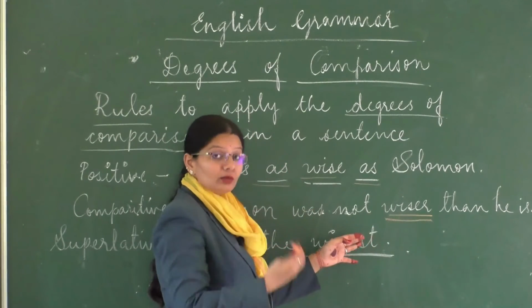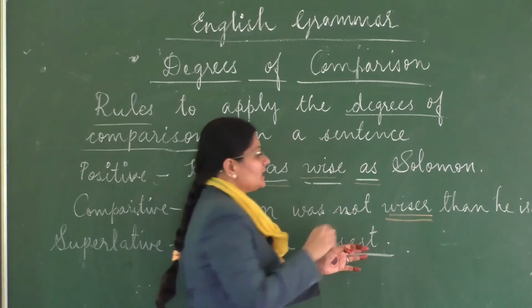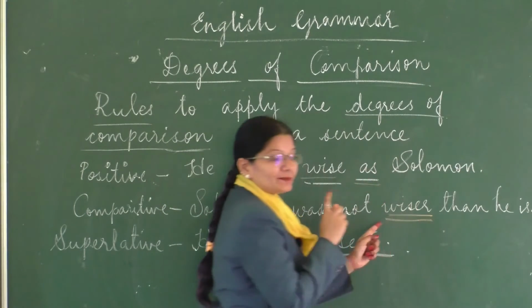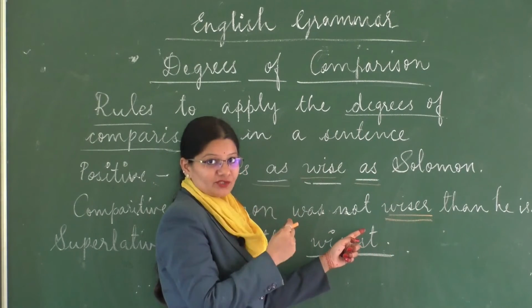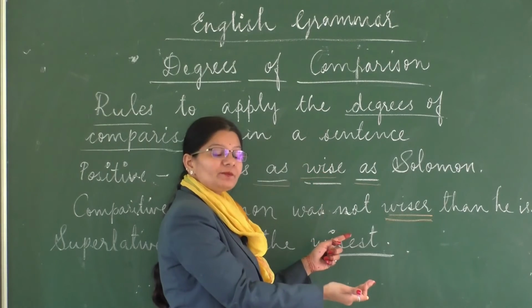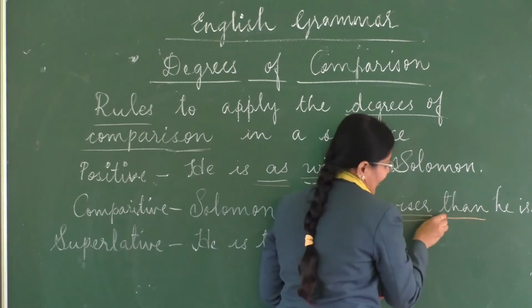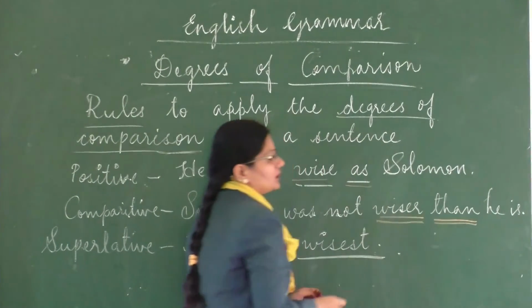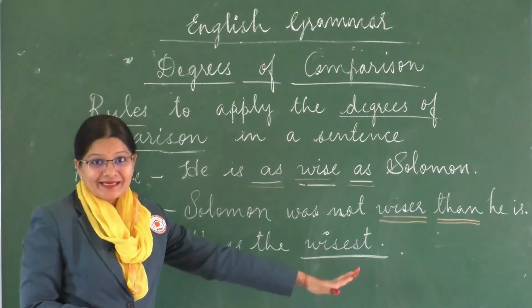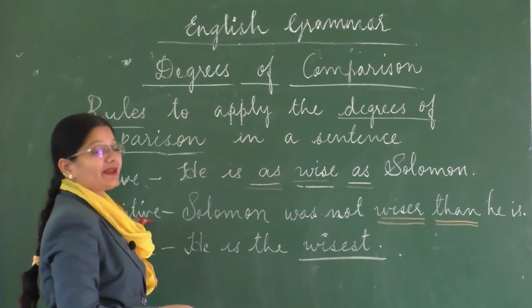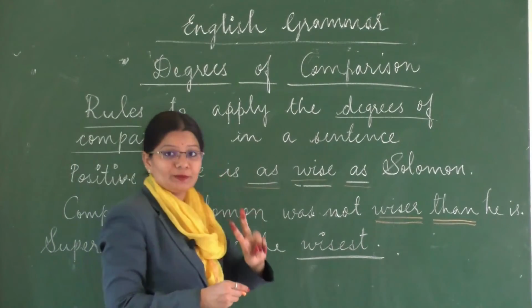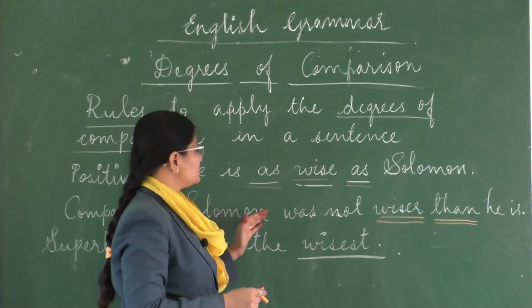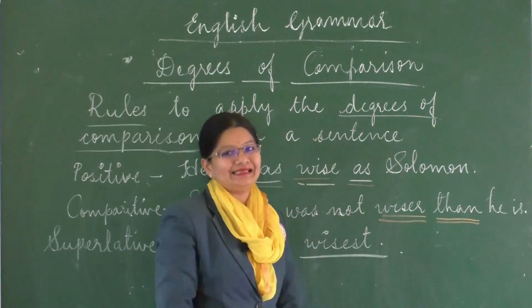But always note that after you place the comparative degree adjective, it will always be followed by than. So this word than is a must in comparative degree because you are comparing two people. So Solomon was not wiser than he is.